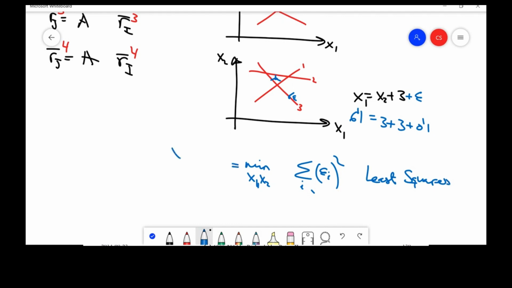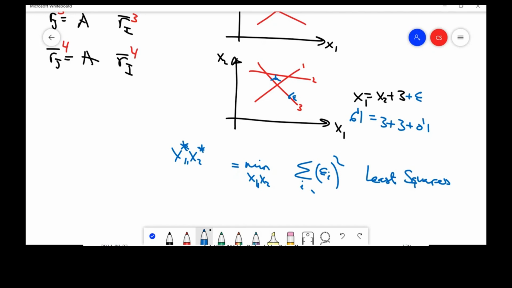So you look for the x1, x2, called the stack, that minimizes this thing. So it is the least squares solution. Have you encountered the least squares solution of a problem before? Yes? Okay, so this is the meaning of this least squares solution.